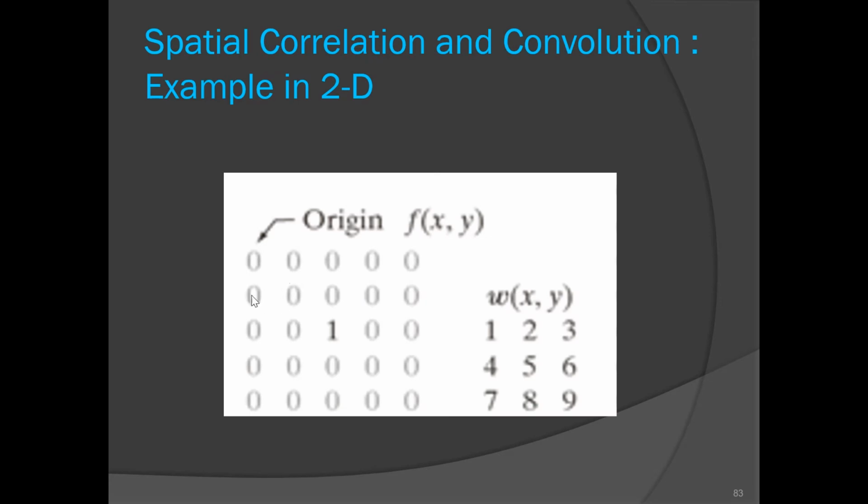For today's attendance, you have to apply correlation and convolution on this 2D example. We have seen a 1D example in today's class. Again, this is the discrete unit impulse function, and this is our mask, and we know the expected result.